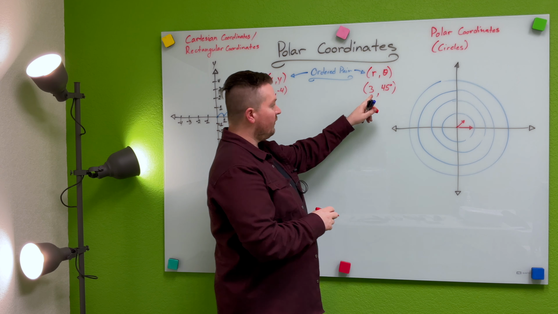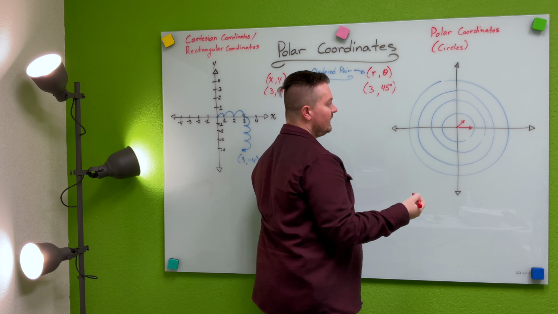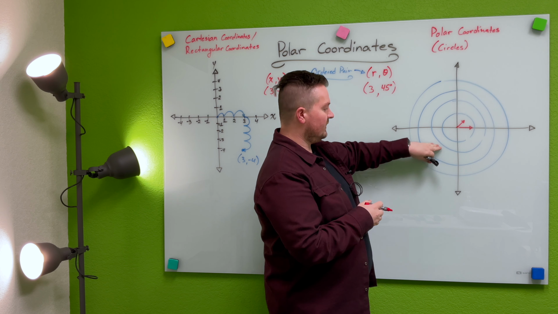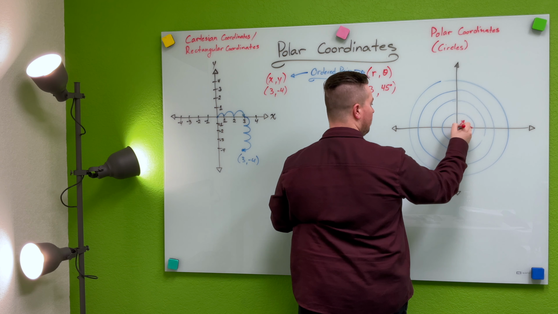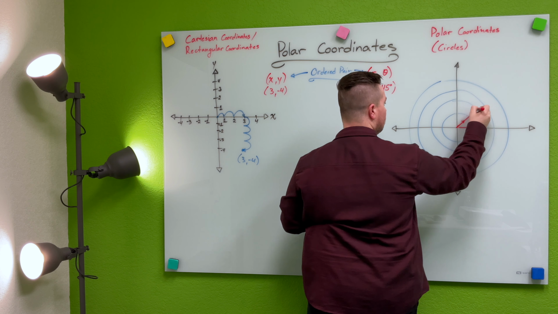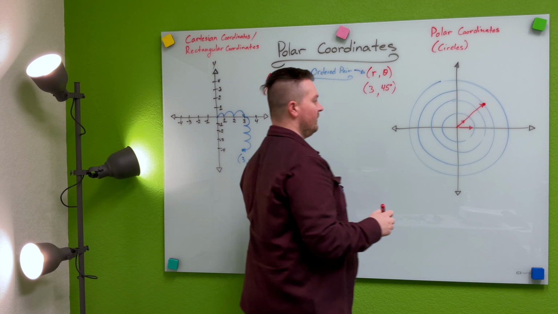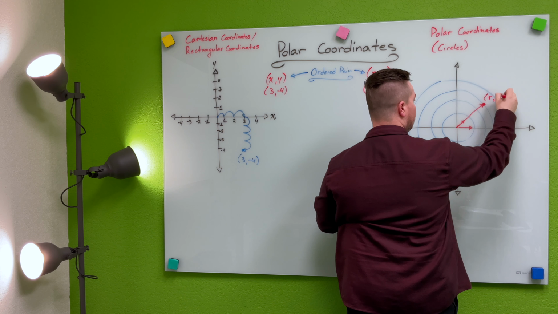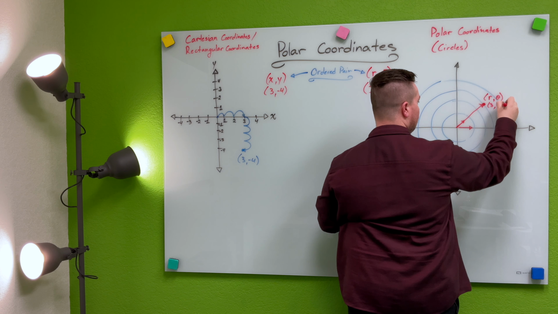We want to go out 3 steps. Polar coordinates focus on circles, and each of these circles represents 1 step out from the origin. So we first point in our 45 degree direction, then we go 1, 2, 3 steps out, and this is where our point goes. So right here, we have the radius and the angle. The radius is 3, the angle is 45 degrees.